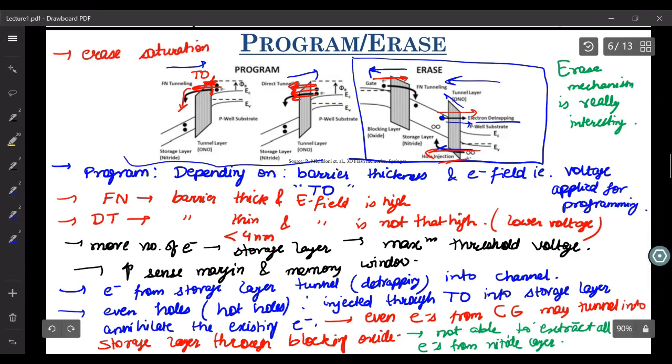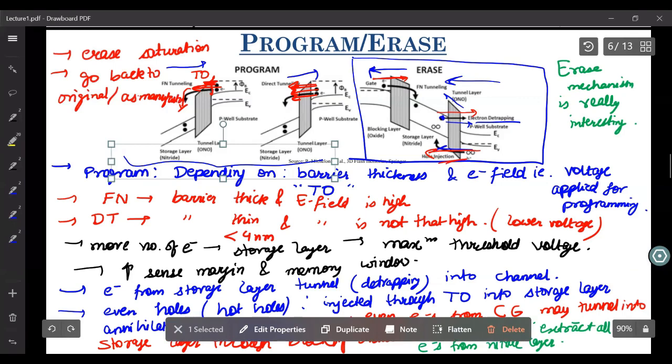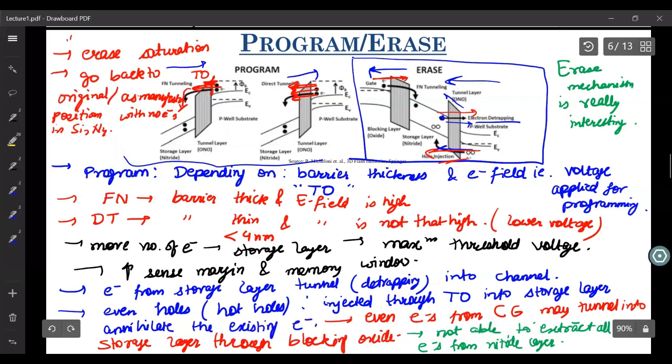So you start with no electrons in your storage layer, then you program it, and then when you erase it back, it doesn't go back to its original, as-manufactured position with no electrons in its storage layer, and this leads to what is known as erase saturation.